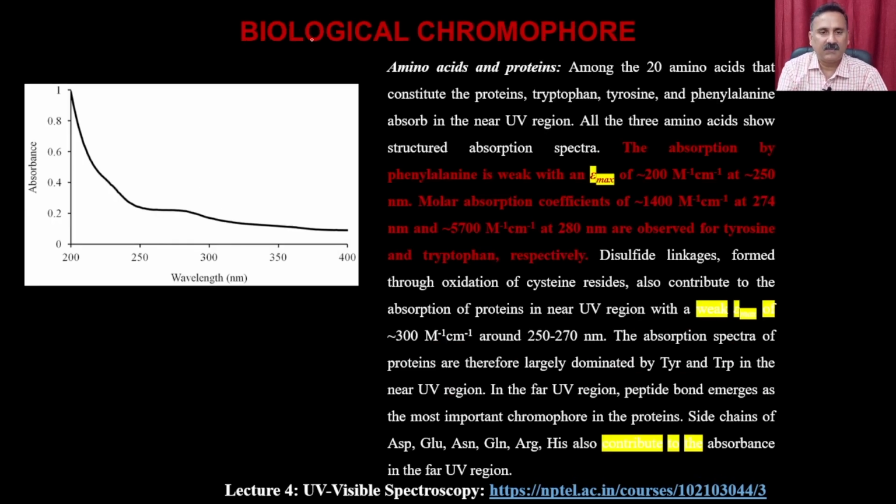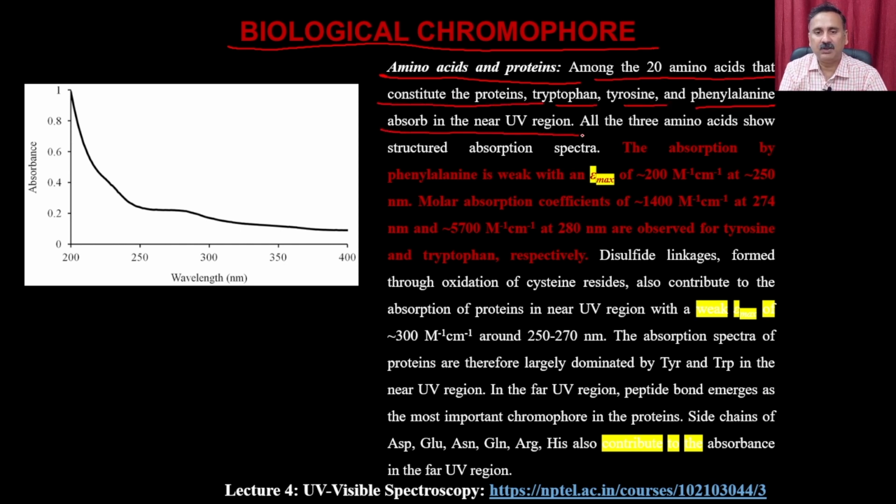UV spectroscopy can be used for mapping different types of biological molecules, because most biological molecules have chromophores. For example, among the 20 amino acids that constitute proteins, tryptophan, tyrosine, and phenylalanine absorb in the UV range, and all three show structured absorbance spectra.